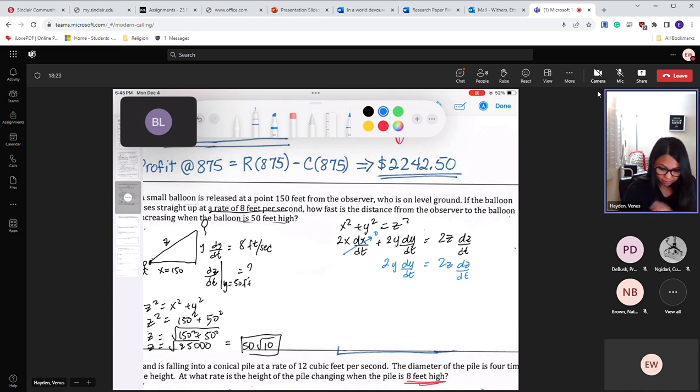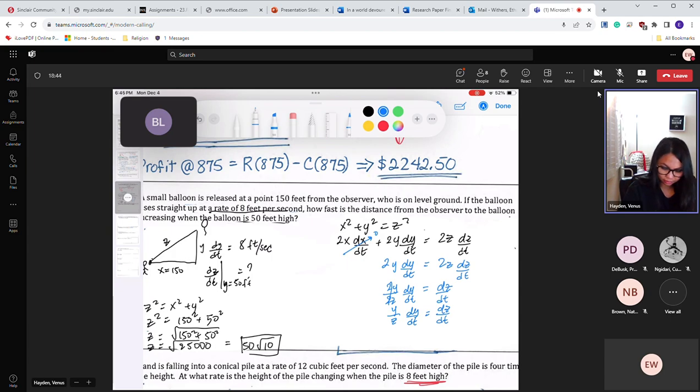Now, I wanted my dz/dt to be on its own because that's what we're solving for. The 2's cancel out. We're left with y over z times dy/dt is equal to dz/dt.